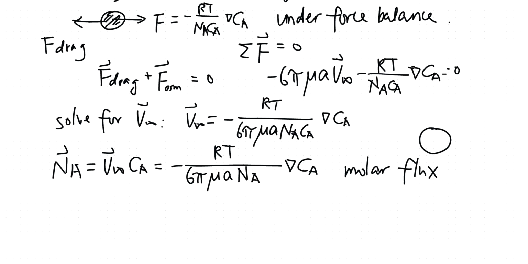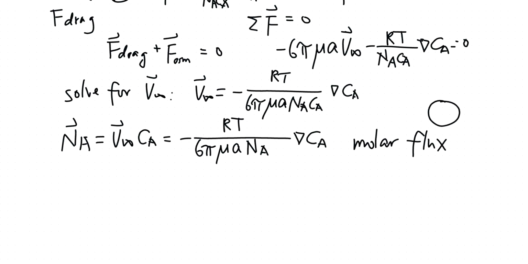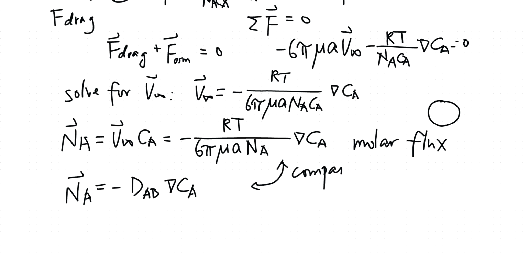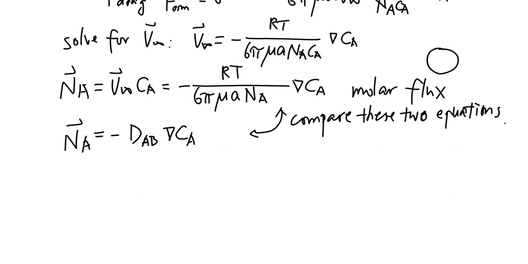If this is due to diffusion, then the flux should also be given by this equation, minus D A B times the gradient of C A. Then what you are going to do is compare these two equations.